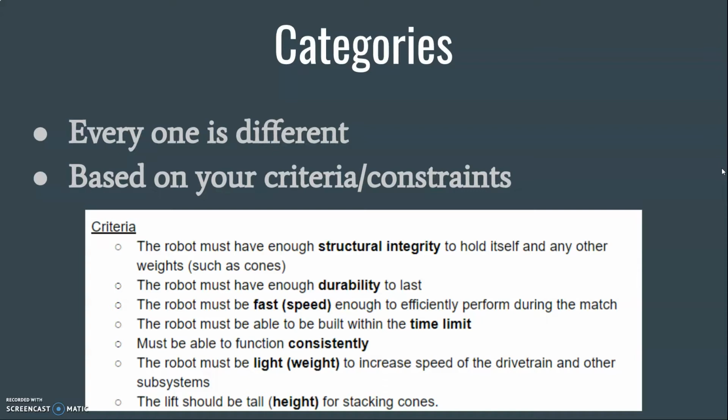For example, if your team wanted to decide on a lift, you should make a decision matrix with categories such as height, weight, practicality, speed, structural integrity, strength, and other things necessary regarding the reasons you are building the lift. Let's say you need to build a lift to an extremely tall platform. Then you might want to consider including height as one of your categories. These categories may change from year to year depending on what you have decided you want your robot to do.